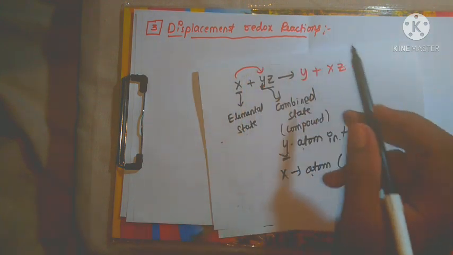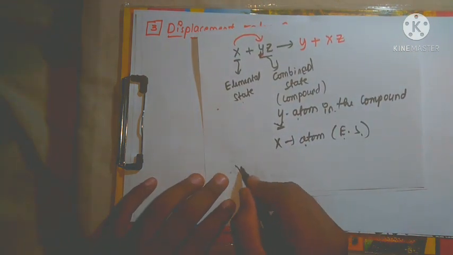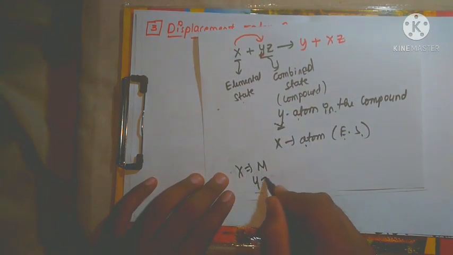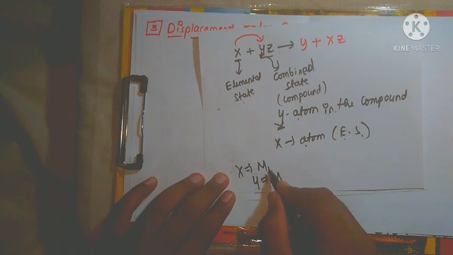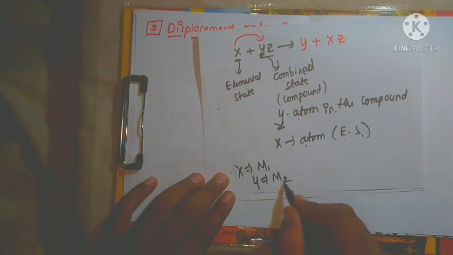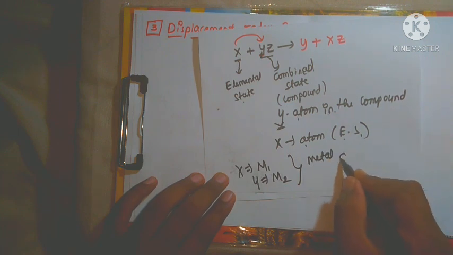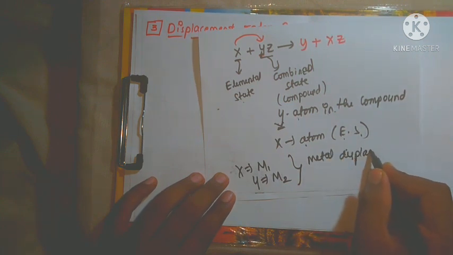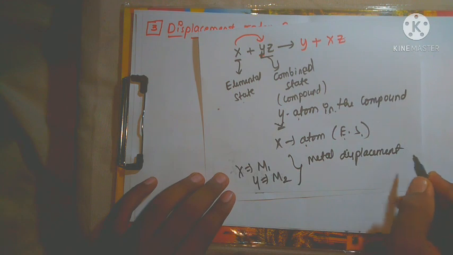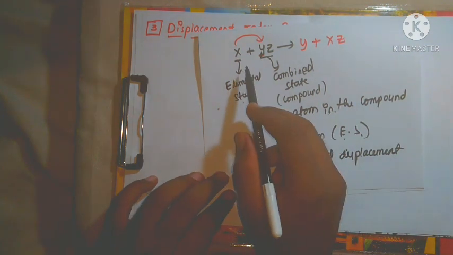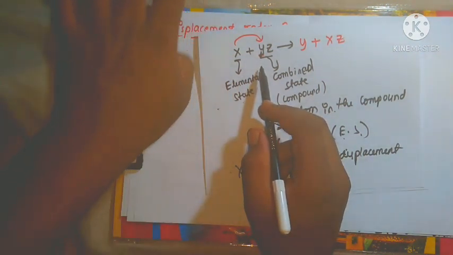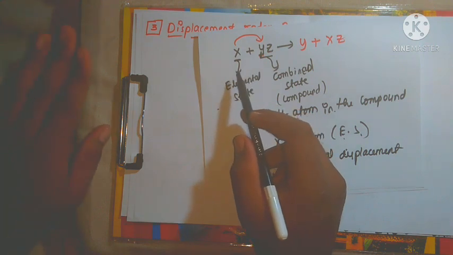Such types of reactions are called displacement redox reactions. If X is a metal, M1, and Y is another metal, M2, such types of reactions are called metal displacement reactions. Both should be metal: the one which is displacing is a metal, and the one which is displaced is also a metal.